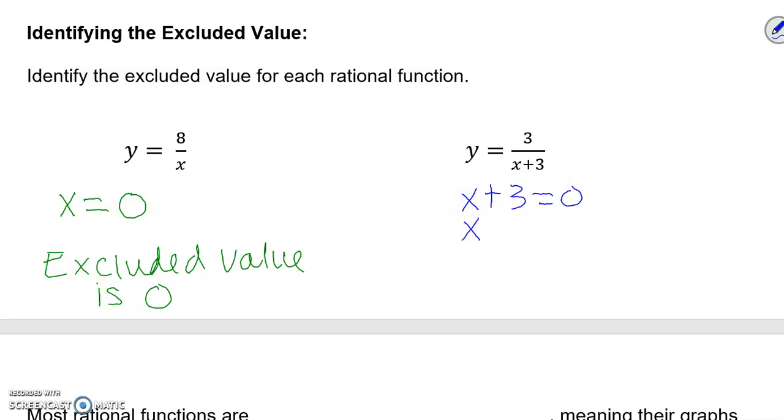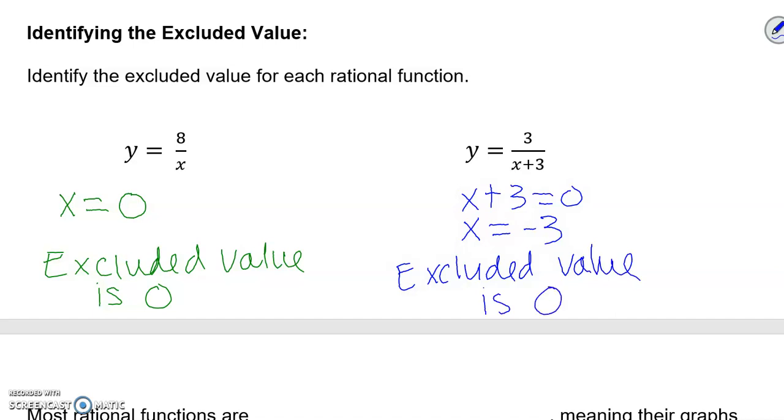Subtract 3 from both sides, so x equals negative 3. So our excluded value is 0. Oh, I'm sorry, it is negative 3.